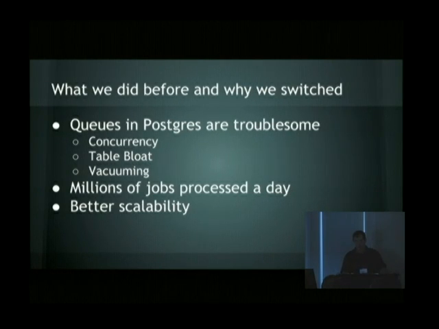Every time we made a change to a table in the database, we stuck an element in that queue and said, hey, you need to go and move this over to the data warehouse. We had a worker process that kept reading that queue. It worked okay, but we were getting up into the point where we were doing millions of these a day, and that began to really cause some problems with Postgres.